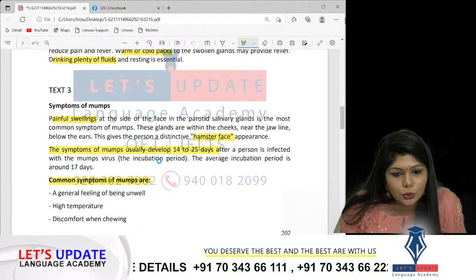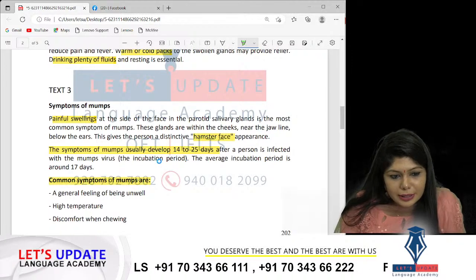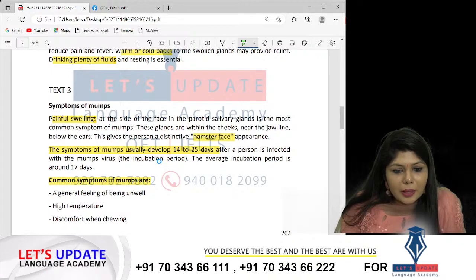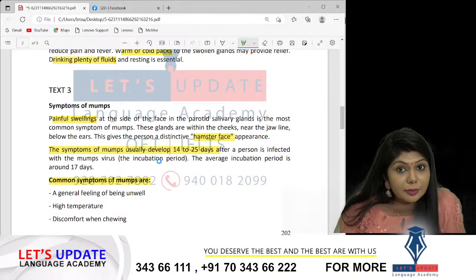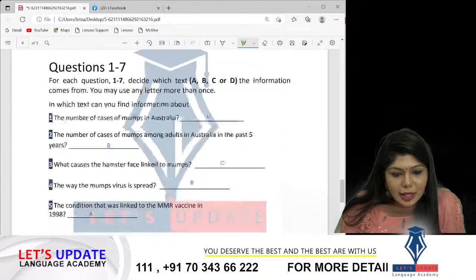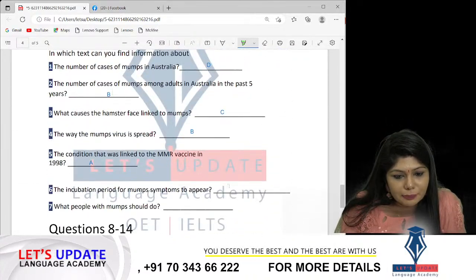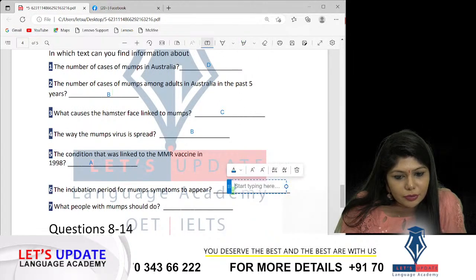After a person is infected with the mumps virus, that is the incubation period, the symptoms usually develop 14 to 25 days after infection. So that is the answer, and it is mentioned in text C. So let's put in that information here and move to the last question.